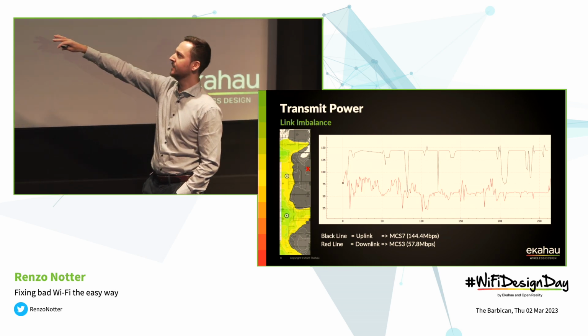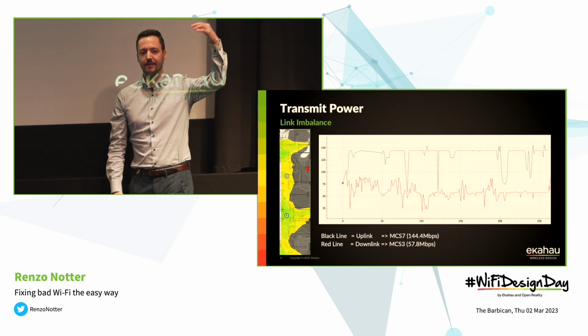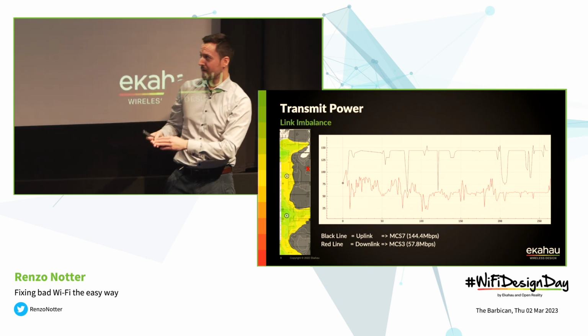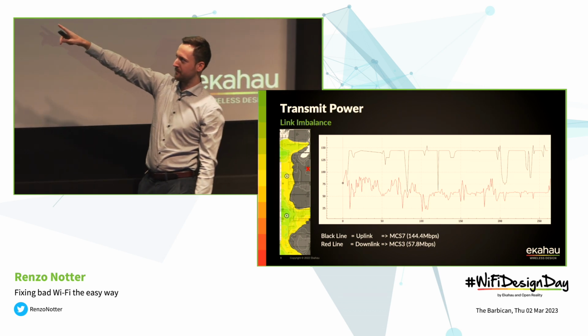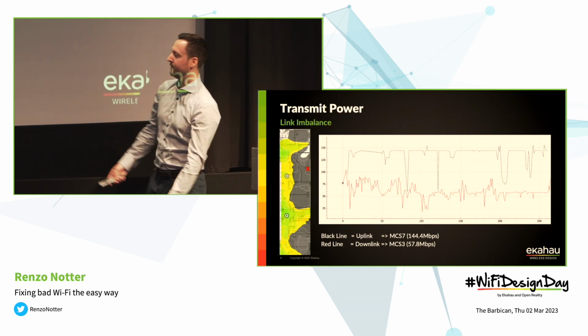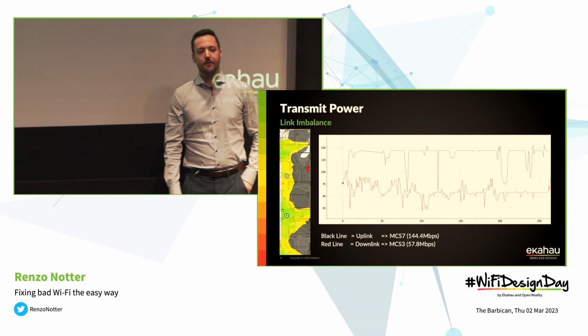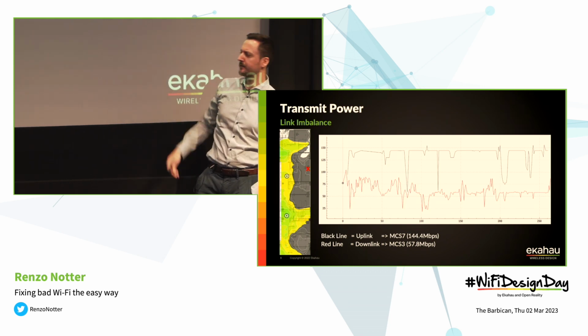So you can see that the red line is the downlink from all the data frames the access point sends to this client. But since the signal level on this spot was so bad, they had to go all the way down to around an MCS3 data rate. So it wasn't really stable, right? You see it's all squiggly lines.